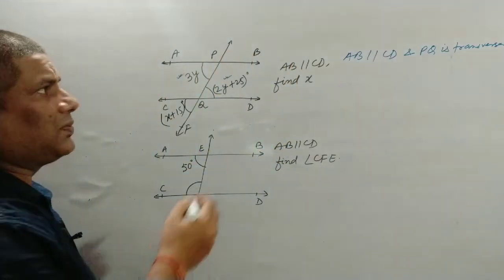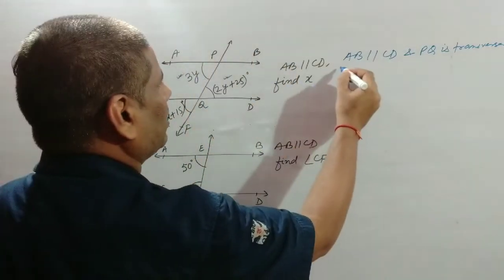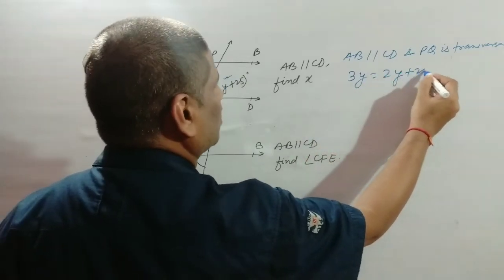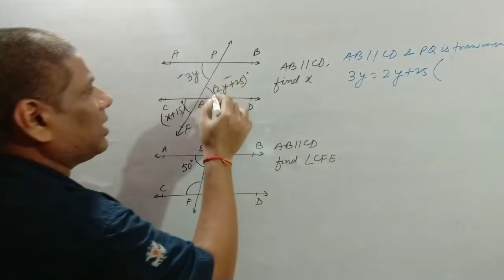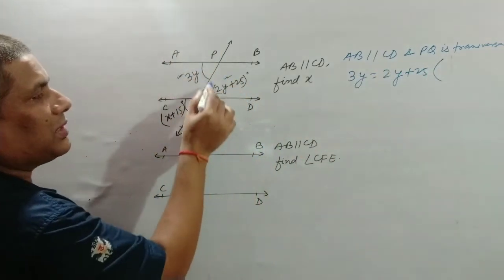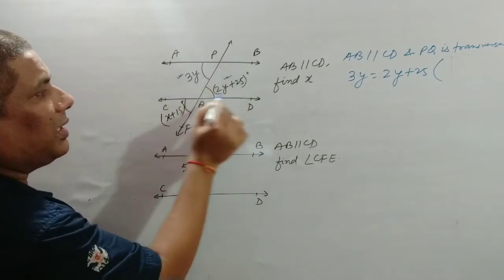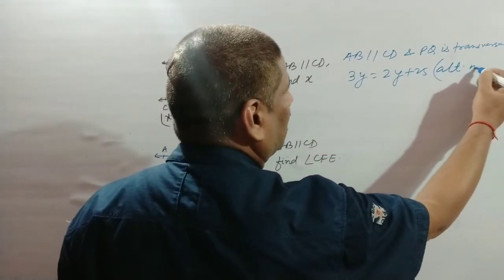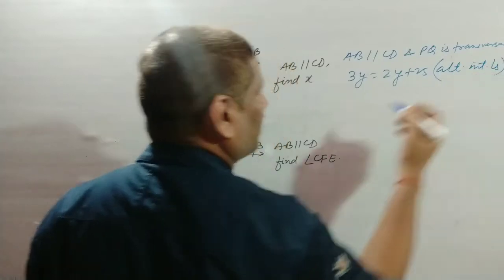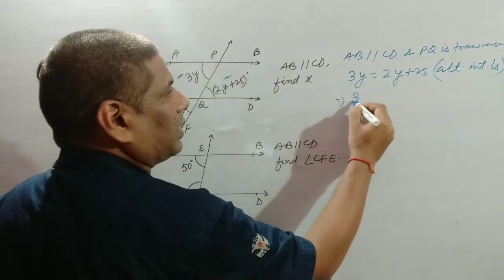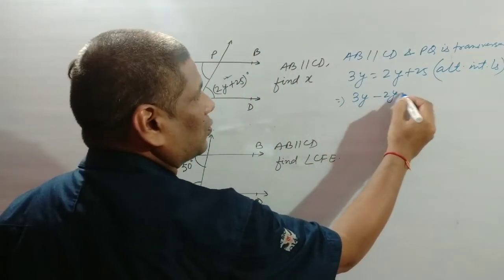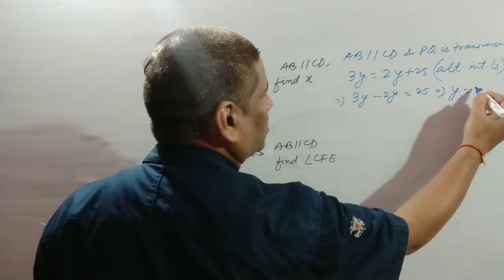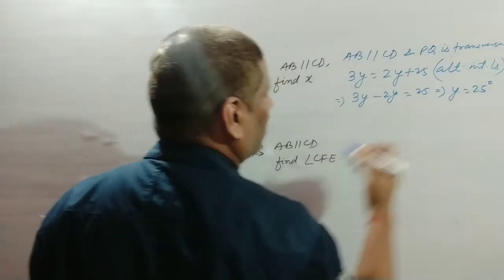Since it is a transversal, we can write 3y equals 2y plus 25, by alternate interior angles, on opposite sides of the transversal and interior of the parallel lines. So solving it we get 3y minus 2y equals 25. This implies y equals 25 degree.